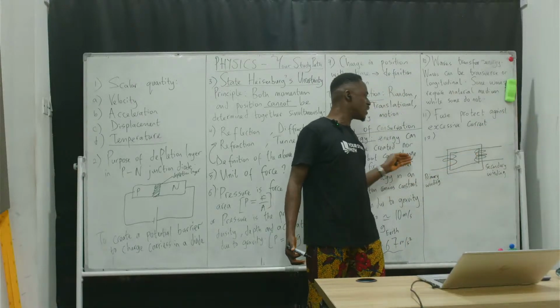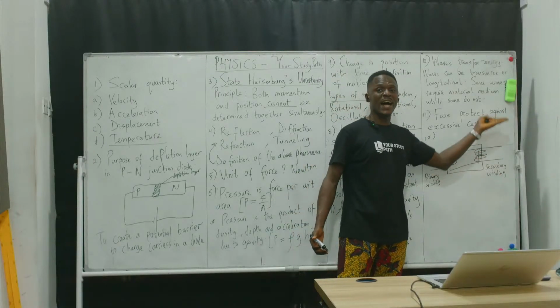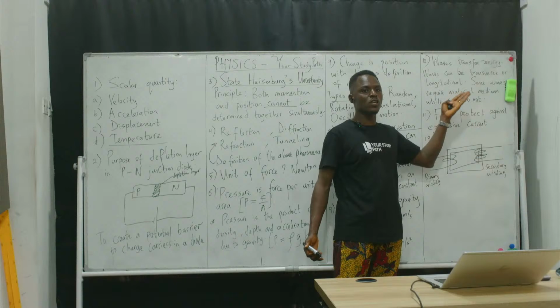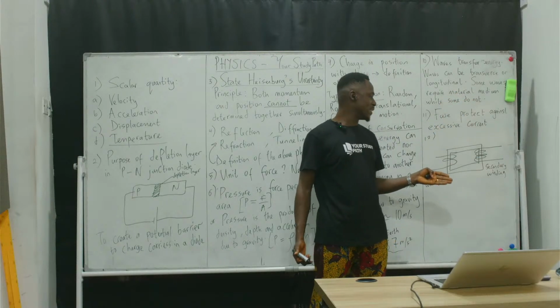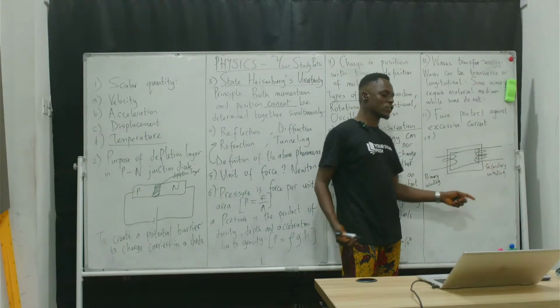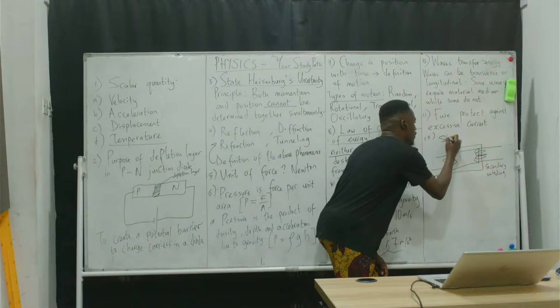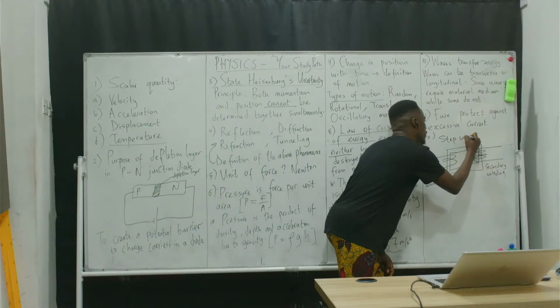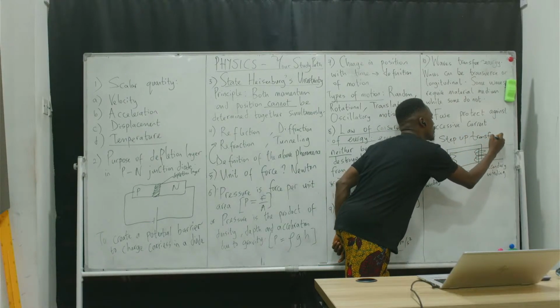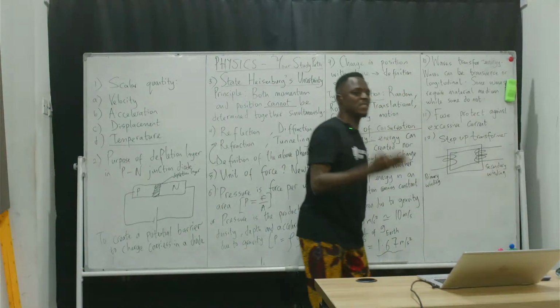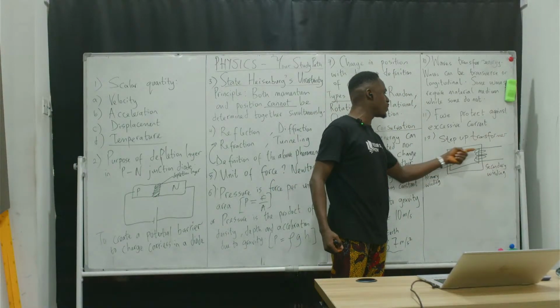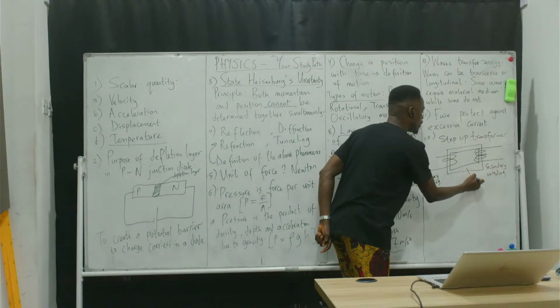The primary is the input side, the secondary is the output side. So this is a step-up transformer. Whether a step-up transformer or a step-down transformer, whereby this side will be more than this side, this is called the iron core.